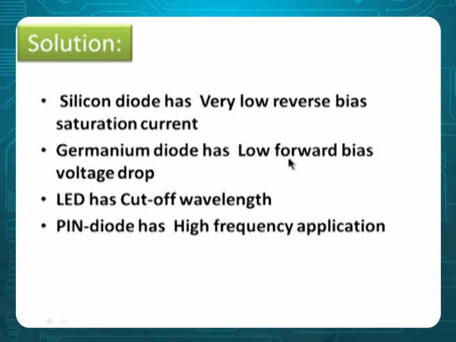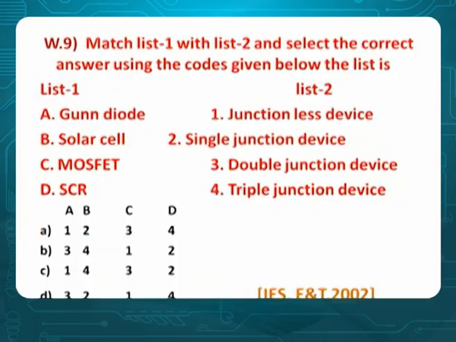Germanium diode has low cut-in voltage, because that is 0.1. LED has a cutoff wavelength, because the wavelength depends on light. PIN diode acts in high frequency applications. So these are the matchings possible. Therefore the option is D.